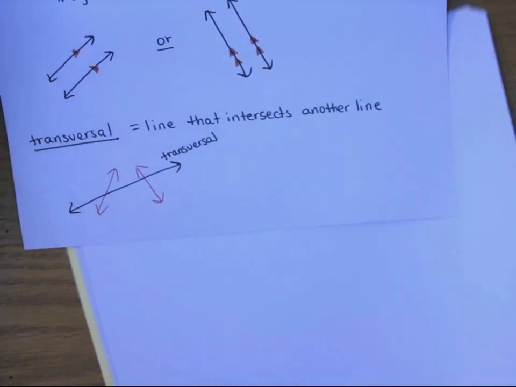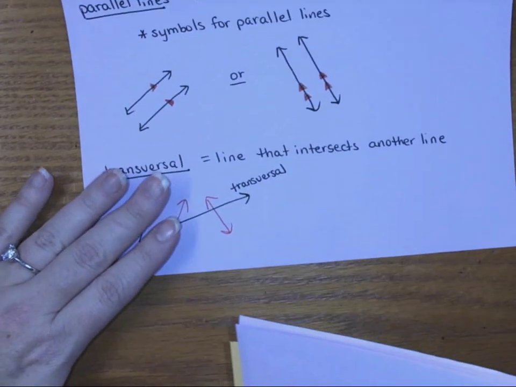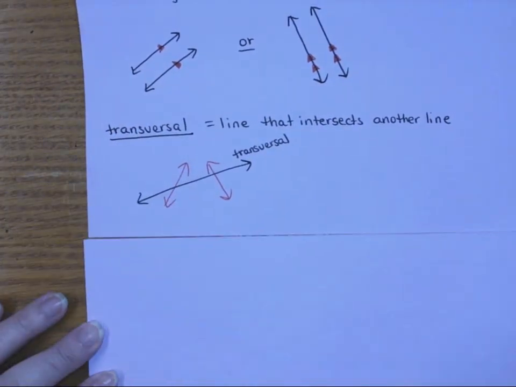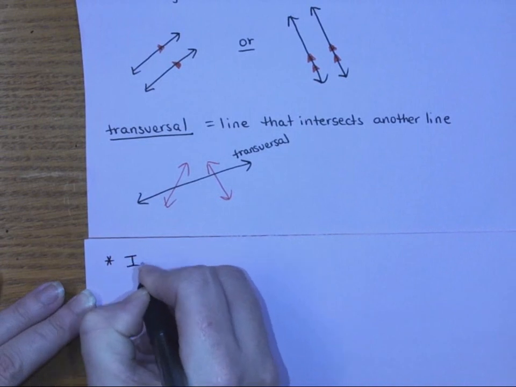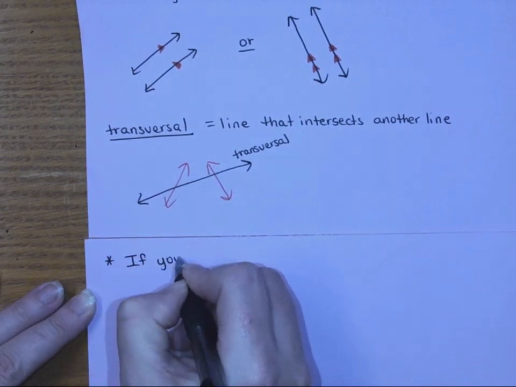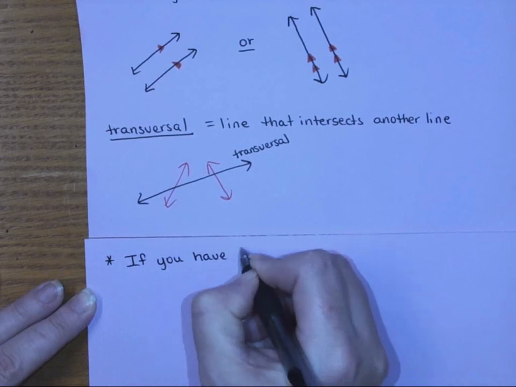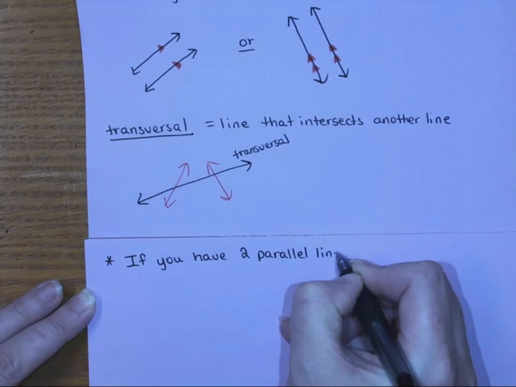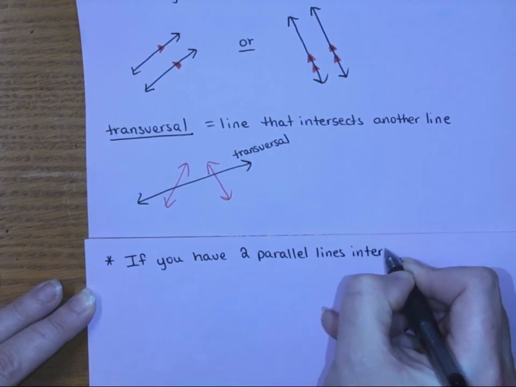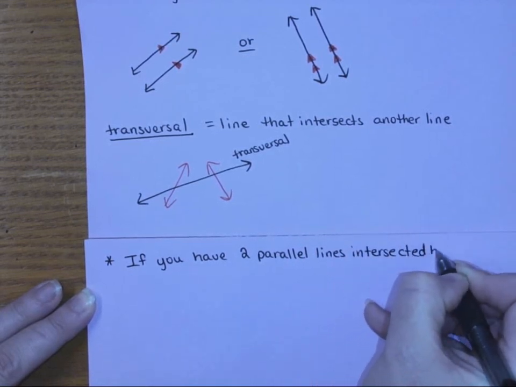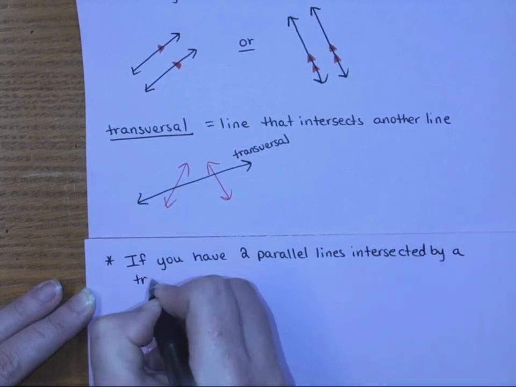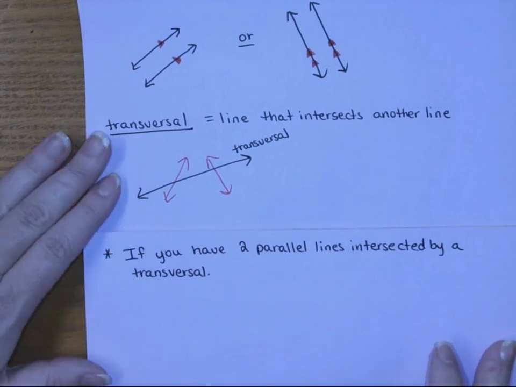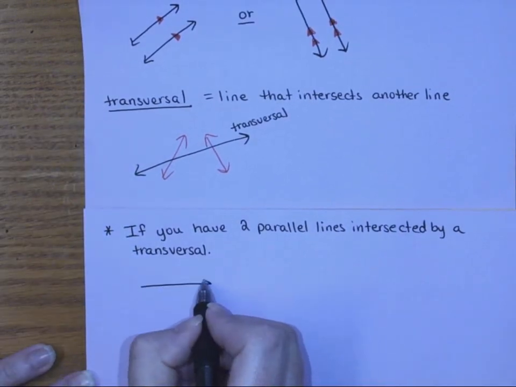Alright, so I wanted to get those terms out of the way because the angle pairs we're going to talk about next rely on us having parallel lines cut by a transversal. So I'm going to put a star by this, but if you have 2 parallel lines that are intersected by a transversal, so let's draw that.